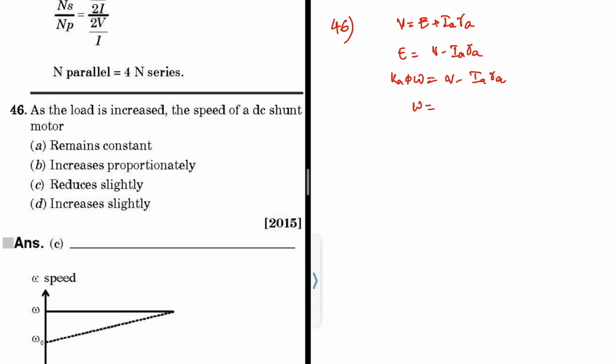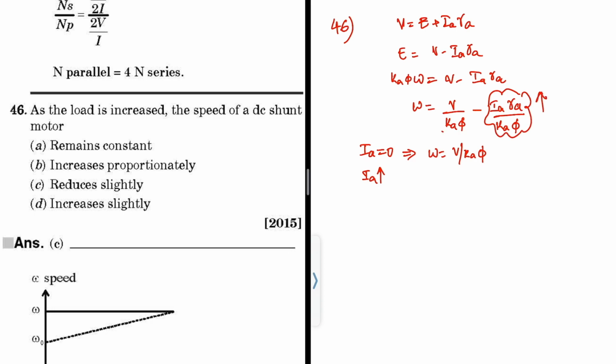So omega equals V by KφI minus IaRa divided by Kφ. If Ia equals 0, omega equals V by Kφ. If Ia is increasing, this term will increase, so it is V by Kφ minus something. So omega will decrease, reducing slightly.